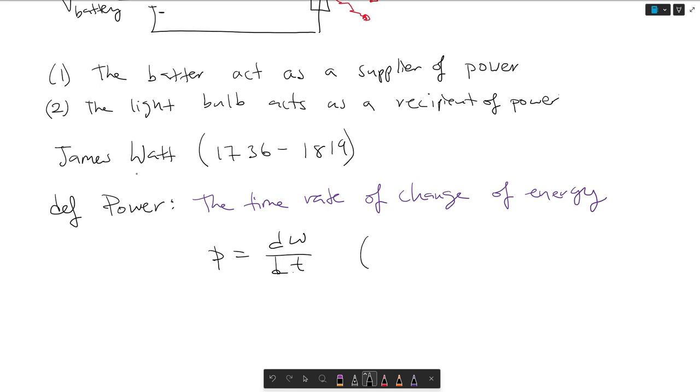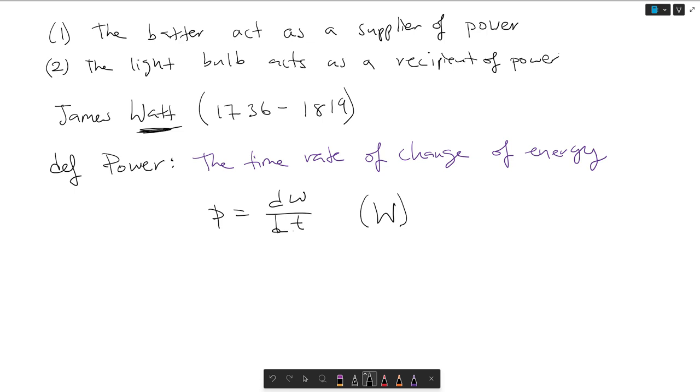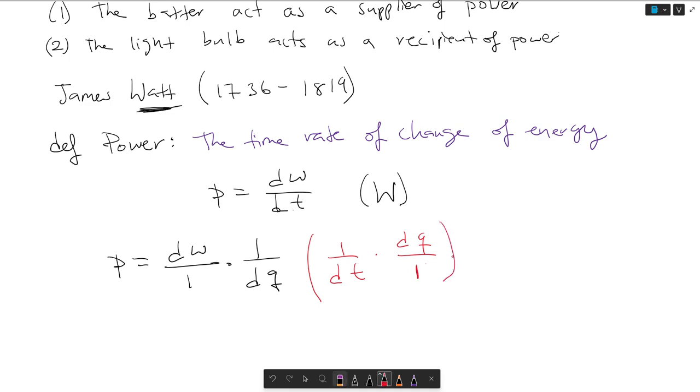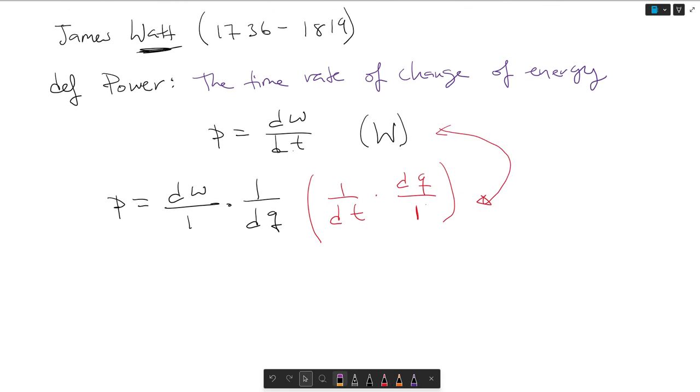And we reward James Watt by naming the unit of power in his name, the watt, or W. Going back to some algebra here, if you have P equal to dW over dt, and multiply dW by dQ and 1 over dt by dQ over dQ, these equations are the same.